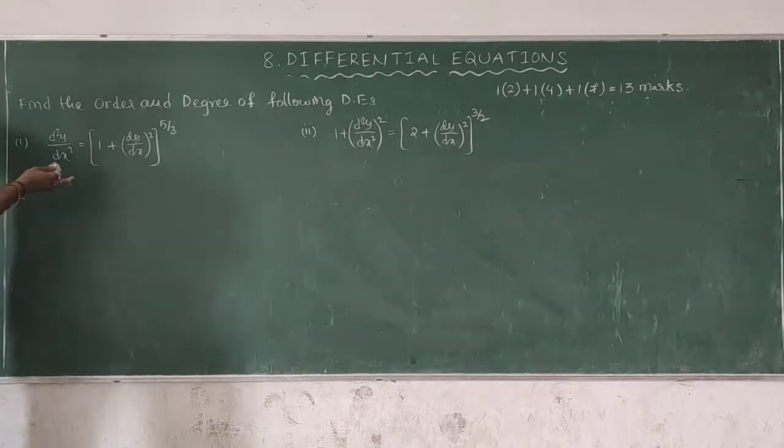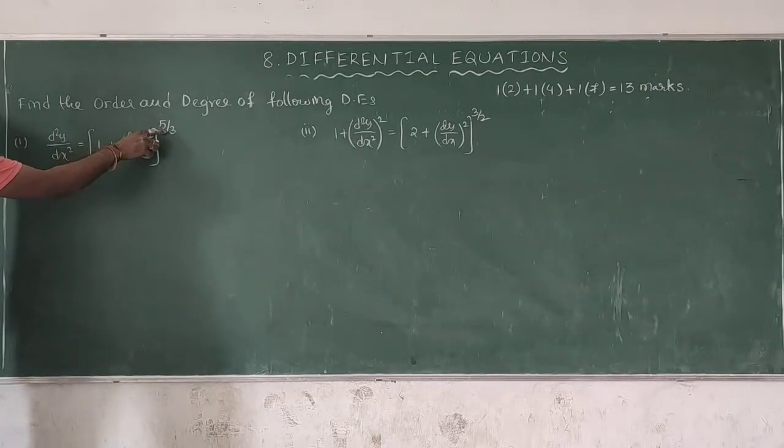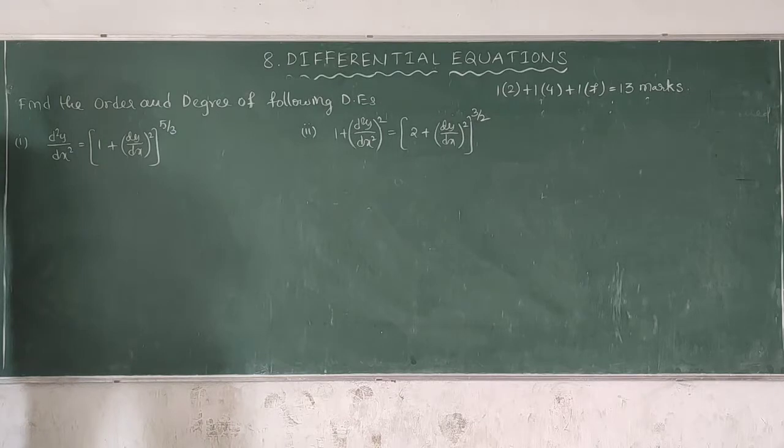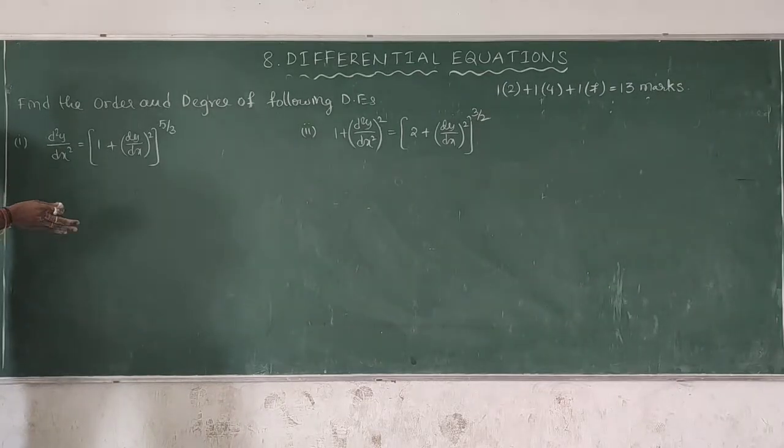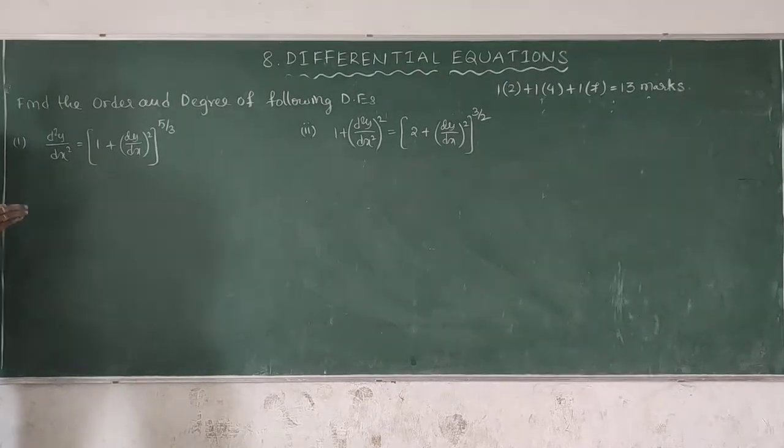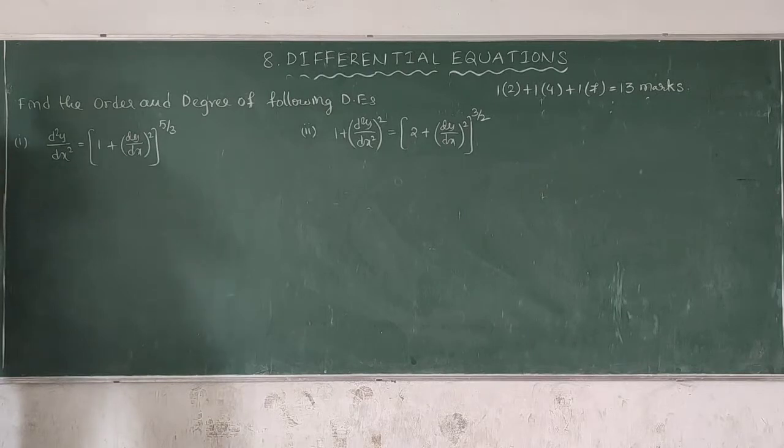Can you write the order and degree directly for this one? No. What is the reason? Very good. Here we have fractional powers. It was clearly explained that whenever we have fractional powers, we need to reduce the powers to integers, and only then can we write the order and degree of the differential equation.